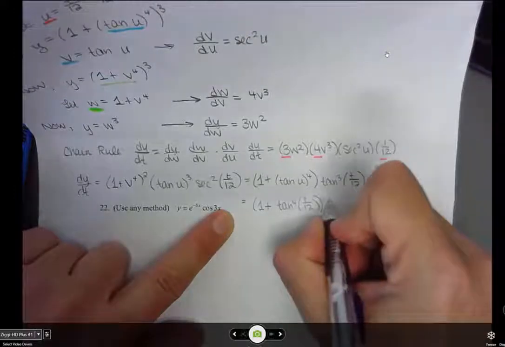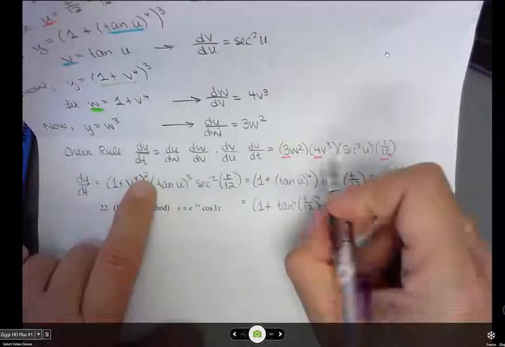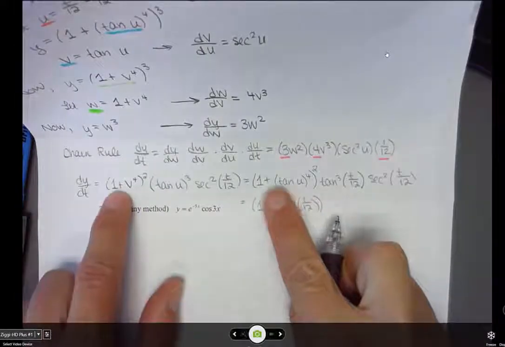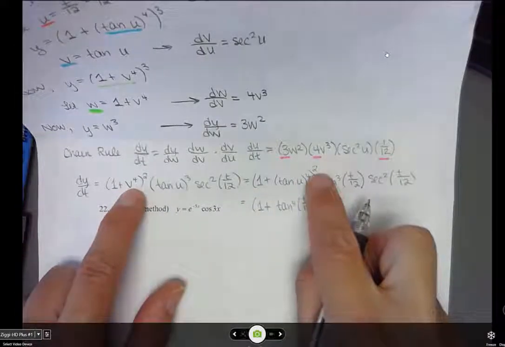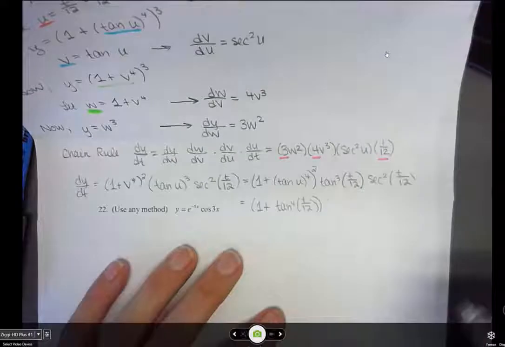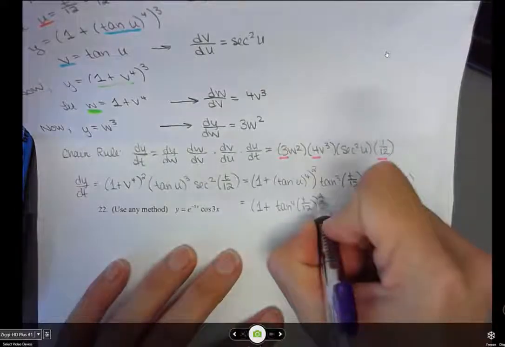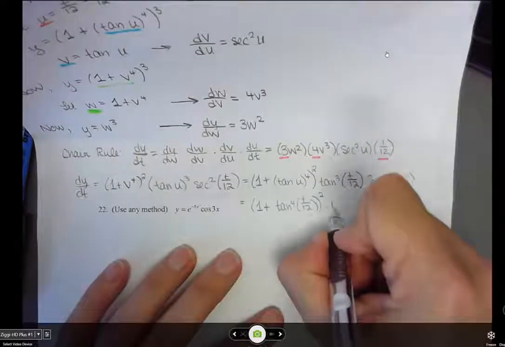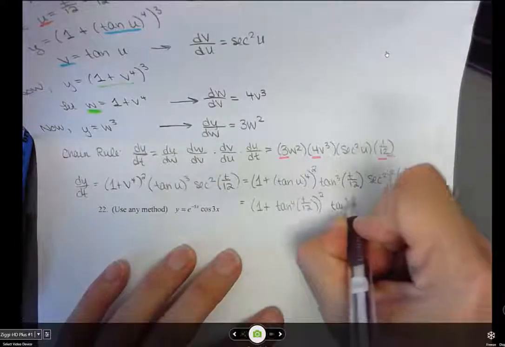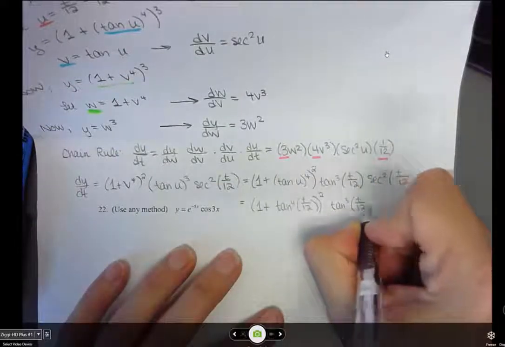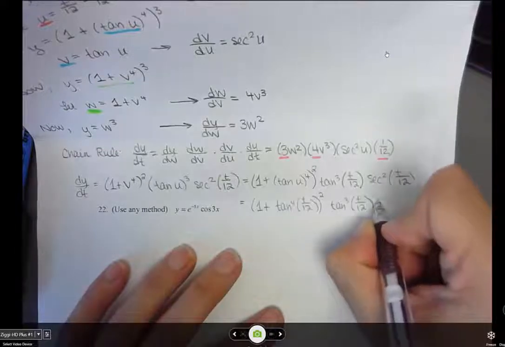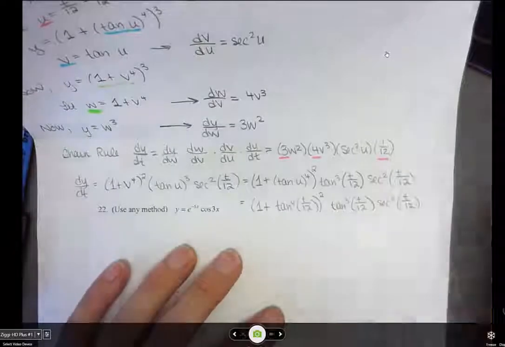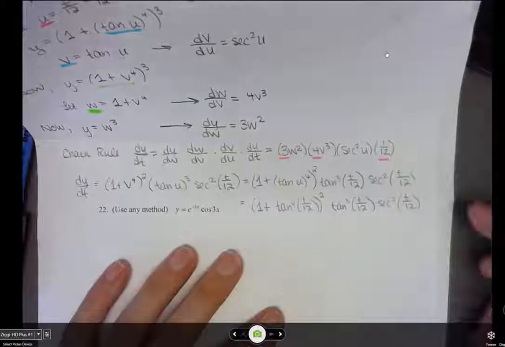Oops, this is still supposed to be squared. I left that off. Sorry. 1 plus v to the 4th, whole thing squared. And then tan cubed, t over 12, secant squared, t over 12. All right, and that's our answer. That's dy dt.